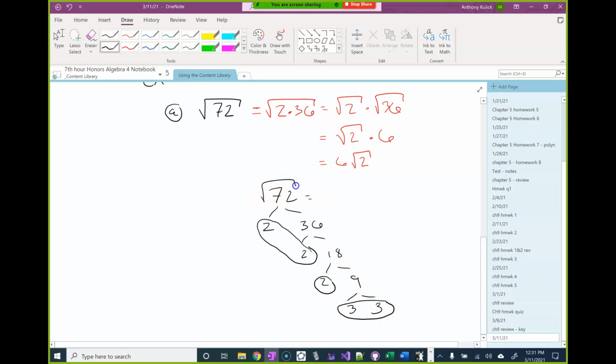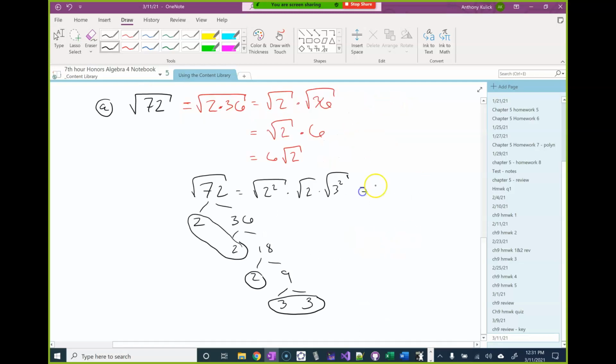So I can say the square root of 72 is the square root of 2 squared times the square root of 2 times the square root of 3 squared. Everybody okay with what I did there? And so that just becomes 2 square root 2 times 3, and we can multiply in any order we want, so we can just make that 6 root 2.